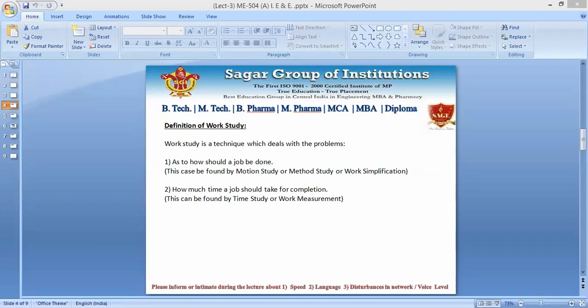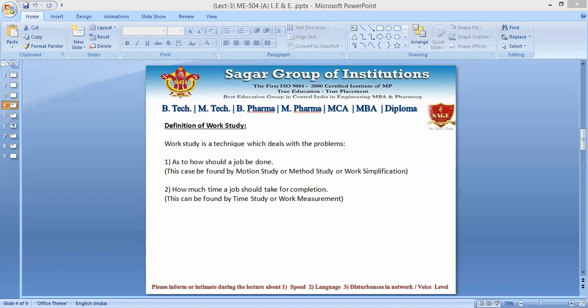So that work has to be analyzed by various methods, and the equipment or machinery through which we are going to perform that particular job. In correlation with the operator's work, the operator's body movements with the machine interface, we need to analyze the work, because it helps in performing the job.